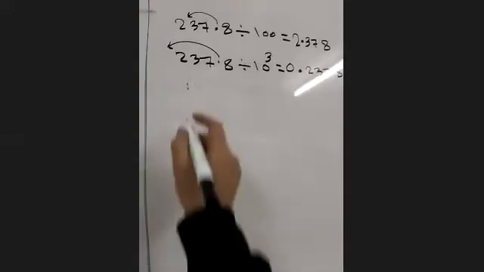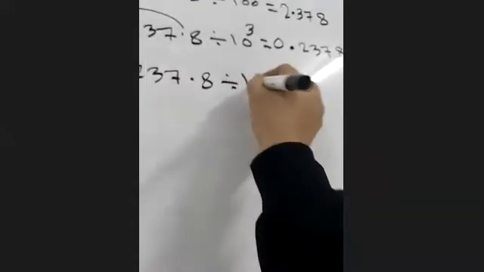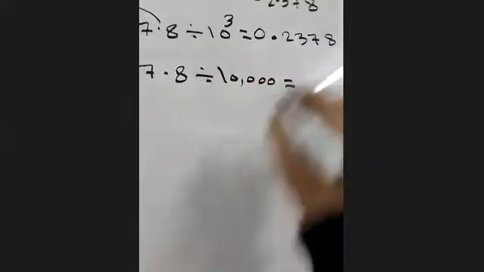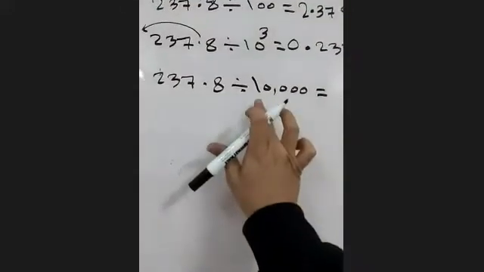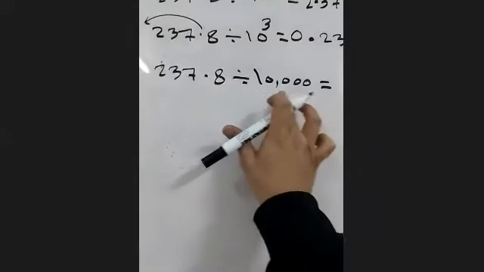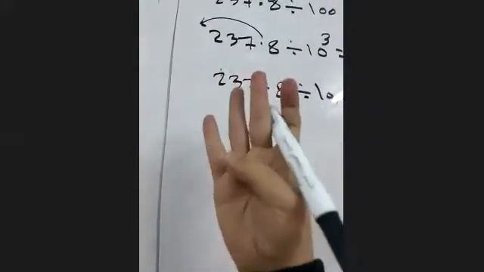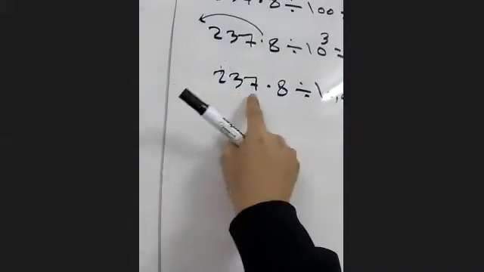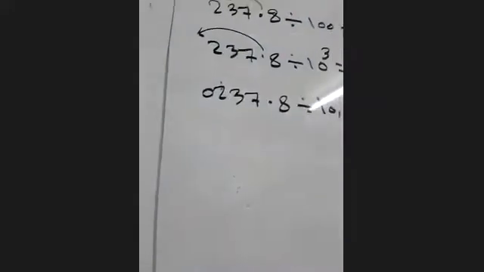For example, 237.8 divided by 10,000. Here I have 4 zeros. So I will push the decimal to the left 4 digits. Here I have only 3 digits. If you miss digits, add zeros.